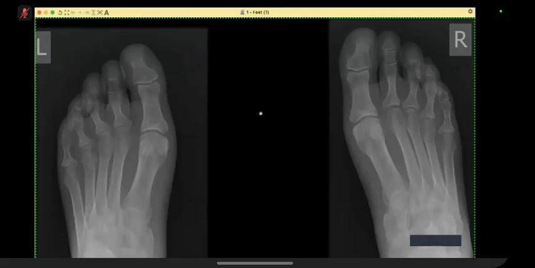I wonder if this patient has gouty arthritis. But I'm searching for whether there is associated soft tissue swelling, but it's not evident here.